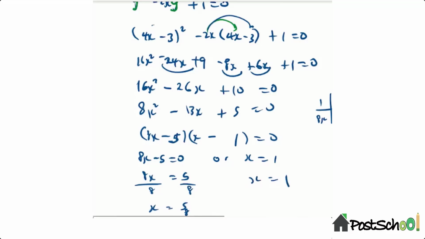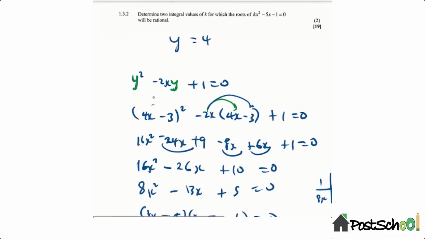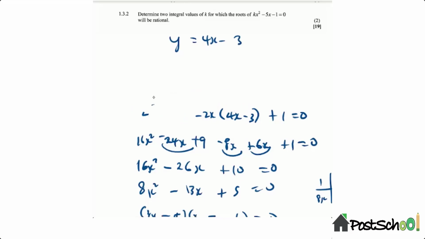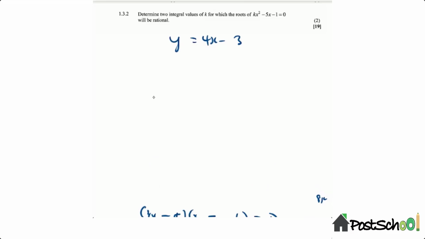Now you must take this back to your equation. You had y equals 4x minus 3. So at x equal to 1, y is equal to 4 times 1 minus 3, which is going to be 1.